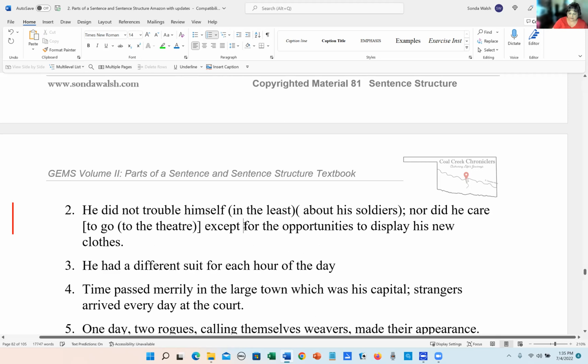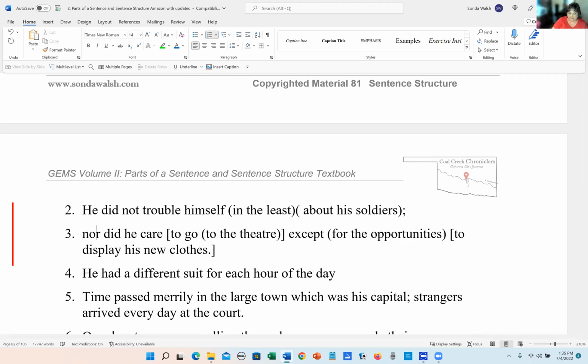For the opportunities, it's a prepositional phrase. To display his new clothes is an infinitive phrase. Okay. I'm going to just go through here and break this out.